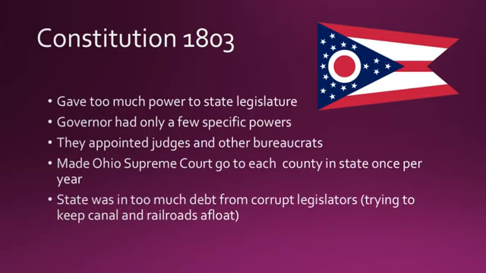So the state was just in so much debt too because, like I pointed out, the state legislature was extremely powerful and they were also very corrupt because they didn't really hardly have any checks on their power. So they were trying to keep the canal system and railroads afloat, and they were going into serious debt to try and do that, and it was a big problem.